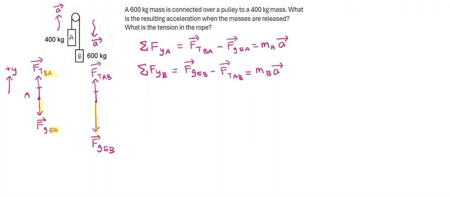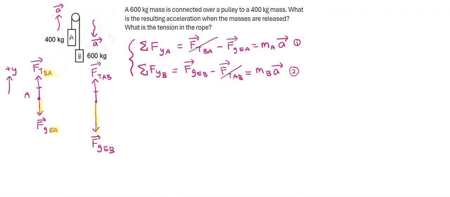Okay, so now we have all the equations established, and we're going to treat these like a system of equations, just like you do in math. I'm just going to number them for clarity. You'll notice here that the tension forces actually cancel out, which makes perfect sense because it's the same rope. So the tension force is really negligible when we're trying to find acceleration.